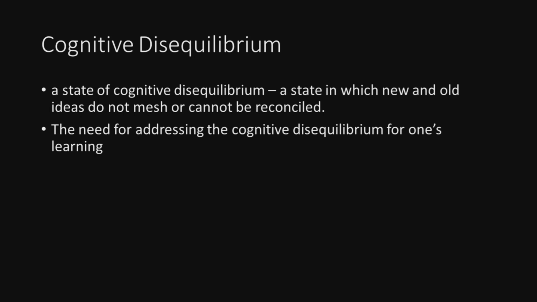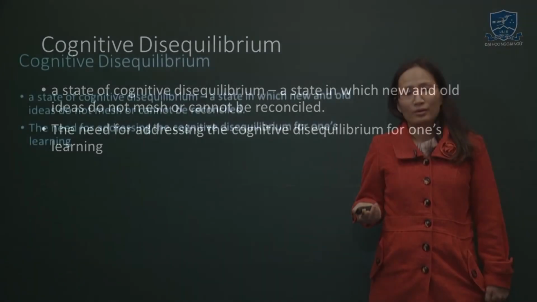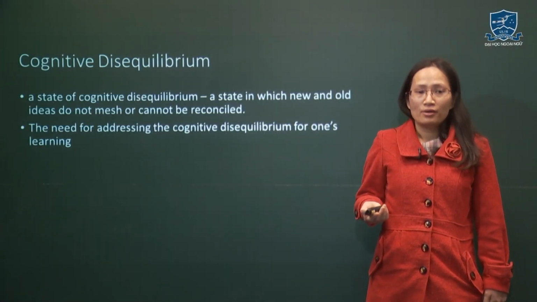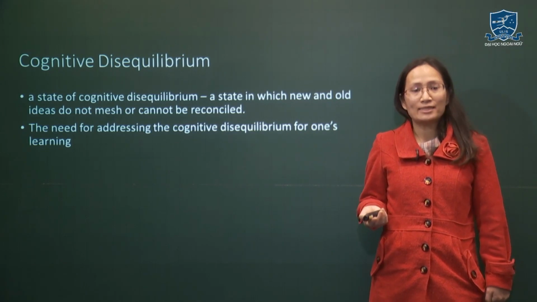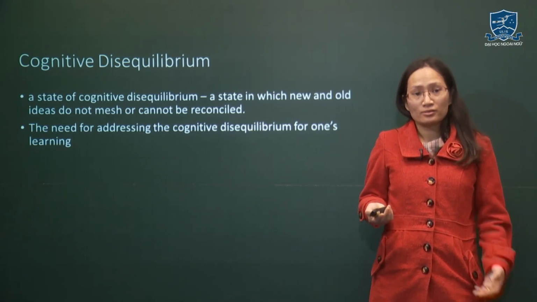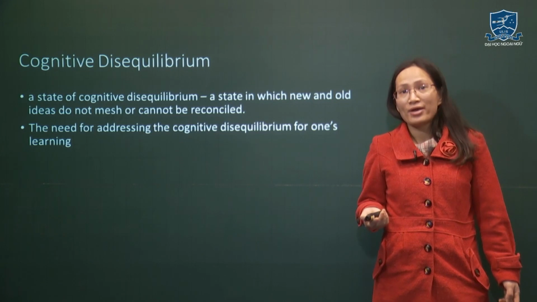However, in real life, things may not go that way. The learners may be stuck in a state of cognitive disequilibrium, the state in which the new and old ideas do not match or cannot be reconciled.